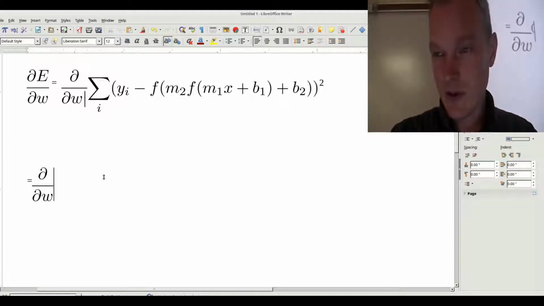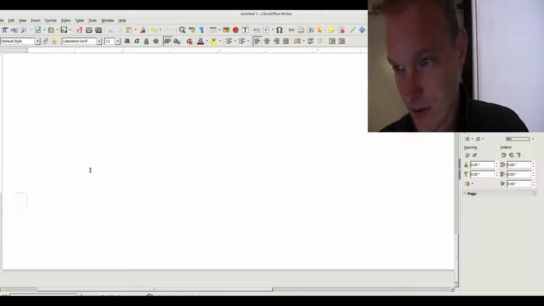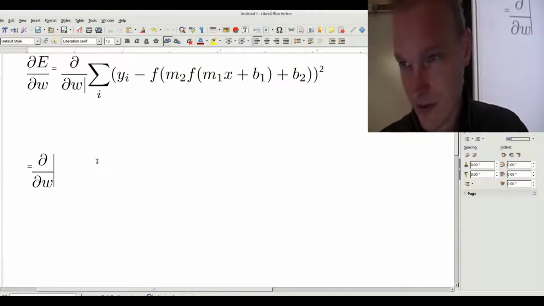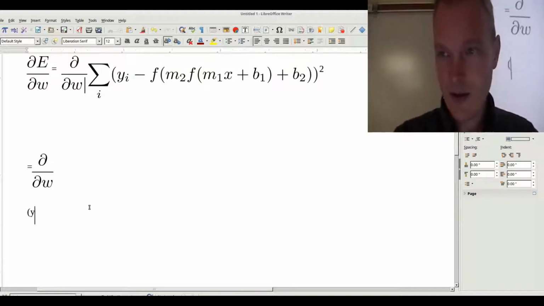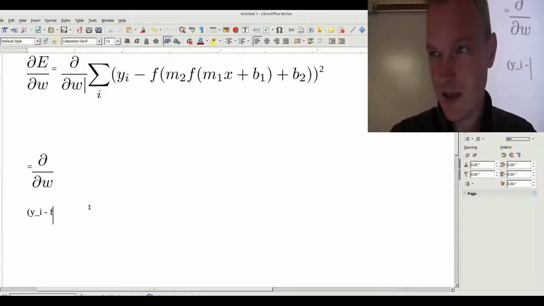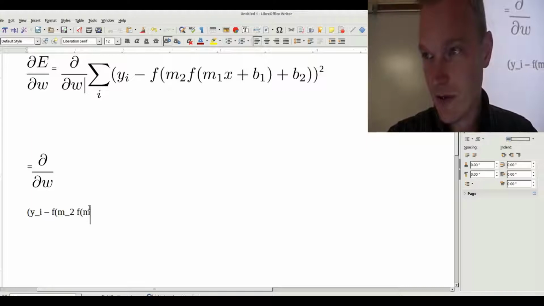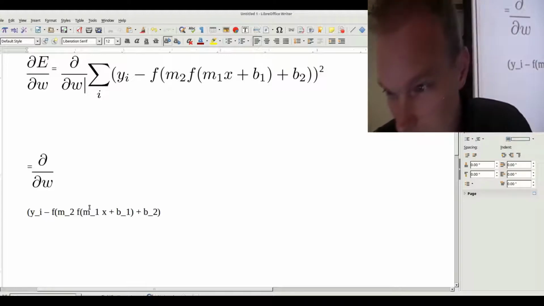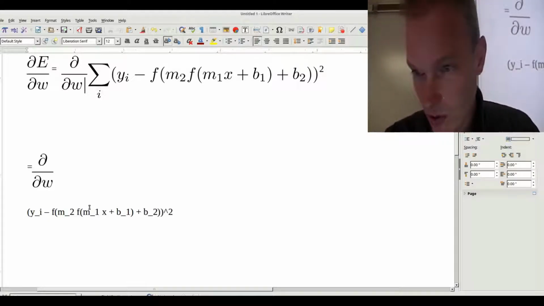That is going to be the partial derivative of, tell me I have it down here. I don't. Okay. y sub i minus f of m sub 2 of f of m sub 1 x plus b sub 1 plus b sub 2, squared.